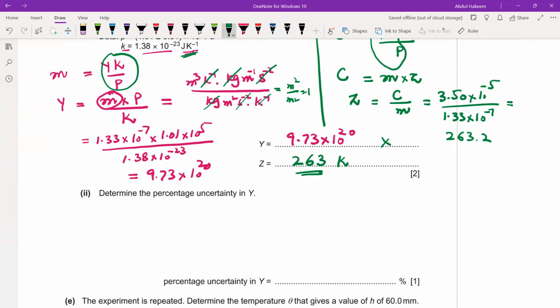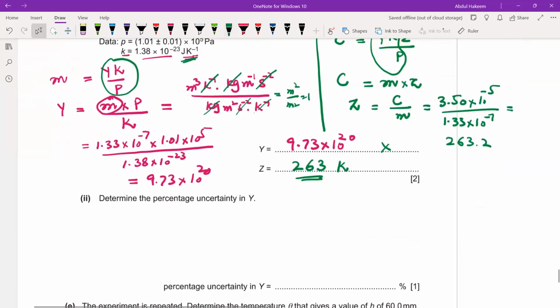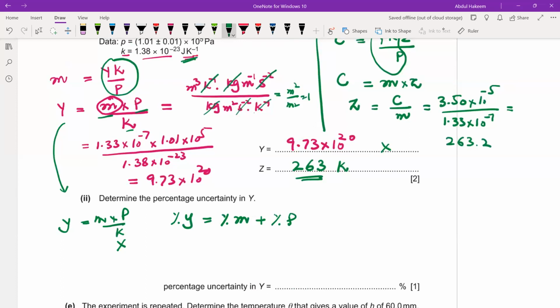Now the next is, determine the percentage uncertainty in y. So y is calculated from the gradient, from the p and k. So y is equal to gradient times p over k. K has no uncertainty because it's the Boltzmann constant. So the percentage uncertainty of y is equal to the percentage of gradient plus the percentage of pressure.